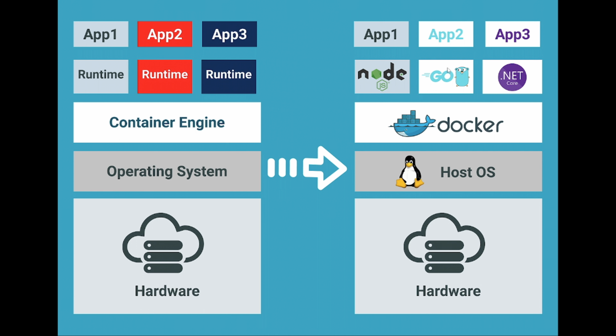It is very good that we have one operating system, one engine, and more than one application running, but with different libraries and different versions. Every container has its own dependencies and libraries. So this is the major concept of containerization.